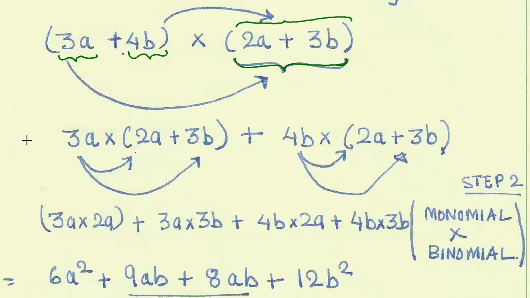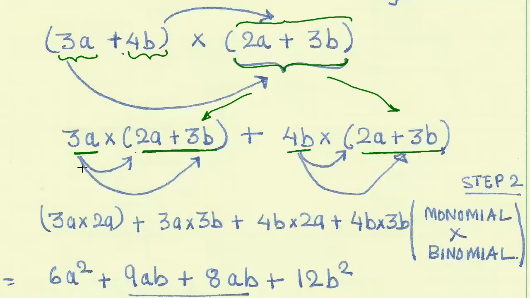So this is what we get after simplifying the braces: 3a multiplied by 2a plus 3b, plus 4b multiplied by 2a plus 3b. As you can see, this 2a plus 3b is used here and here as well.